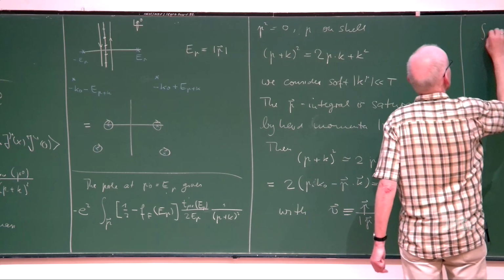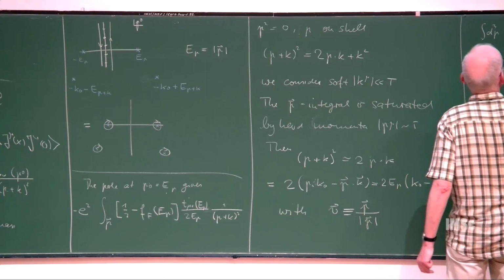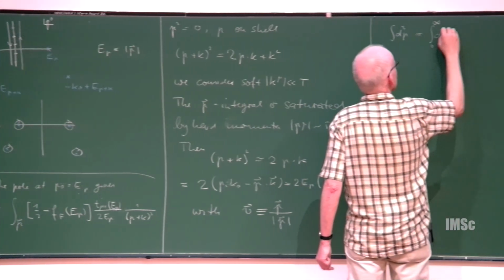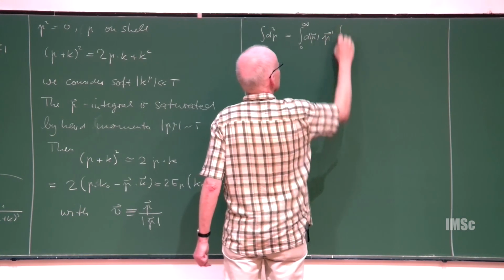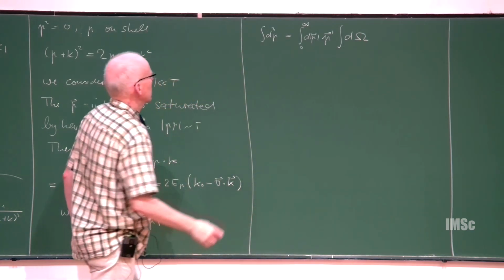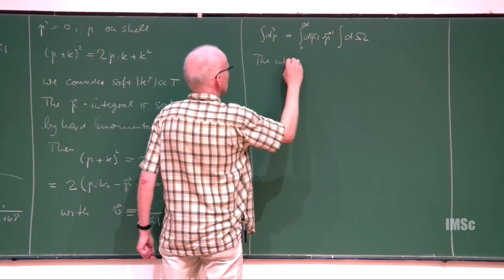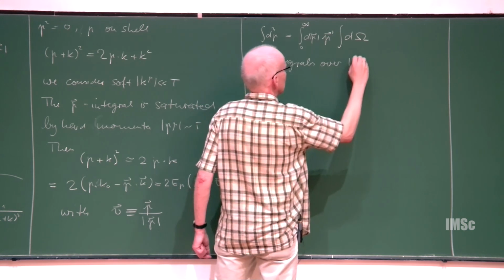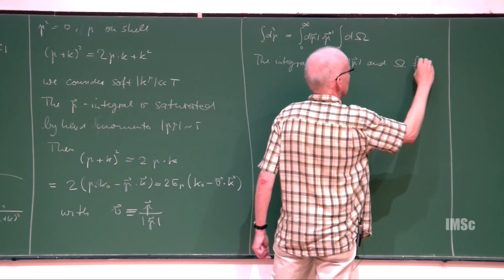So we have the integral d3p, that is the integral from 0 to infinity dp, length of p times p squared, and then the integral over the direction, and the integrals over p and omega factorize.